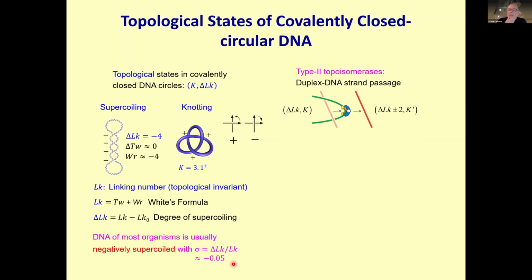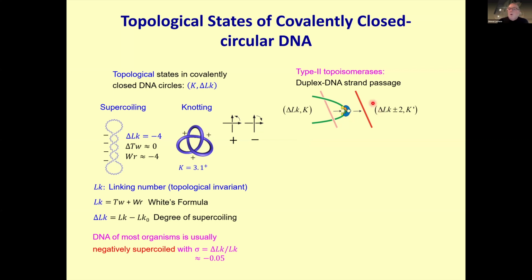Now, there are many categories of enzymes that modulate these properties. Two that we've been particularly interested in are type 2 topoisomerases, which carry out duplex passages of DNA via a double-stranded break in a DNA helix. And these can reduce or increase the linking number in steps of 2.